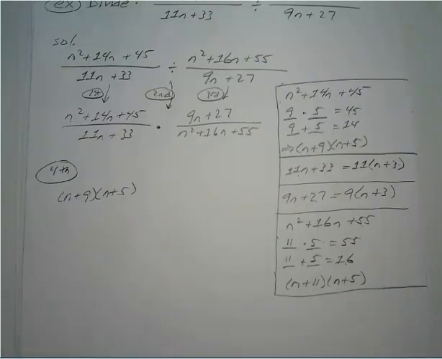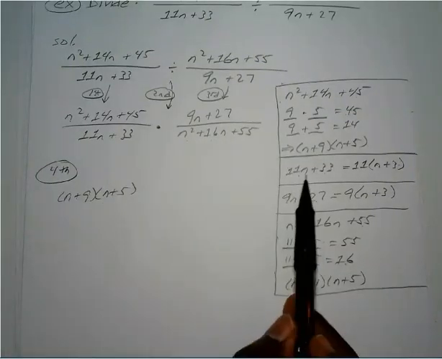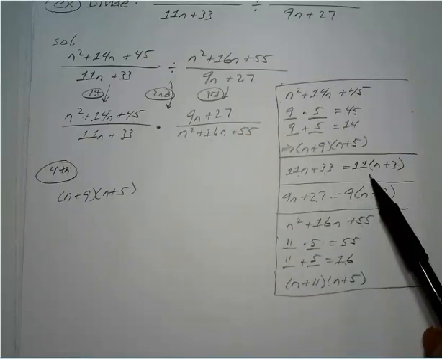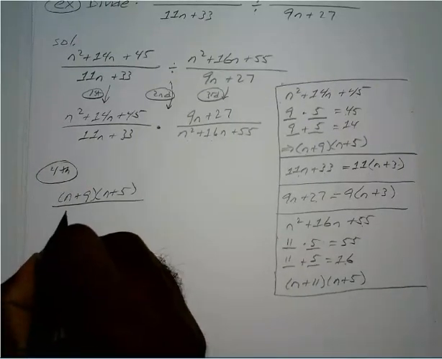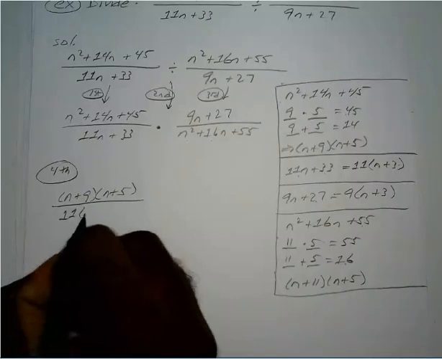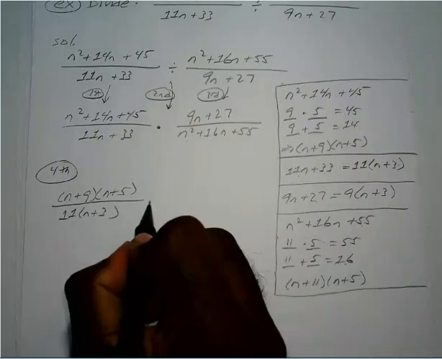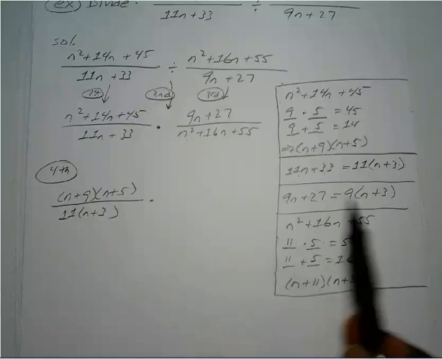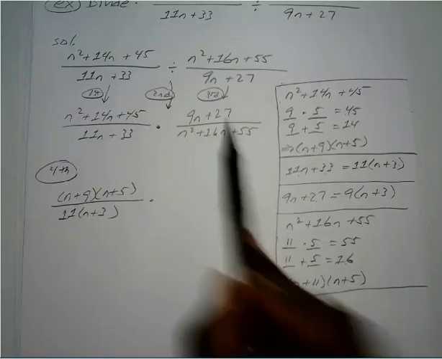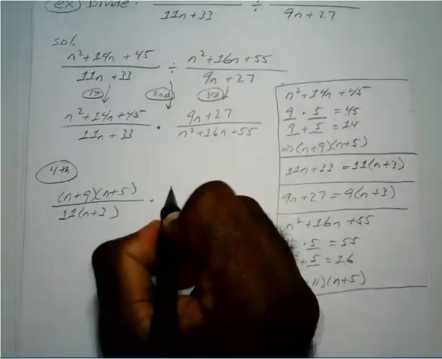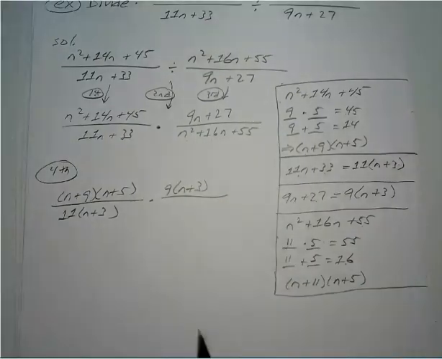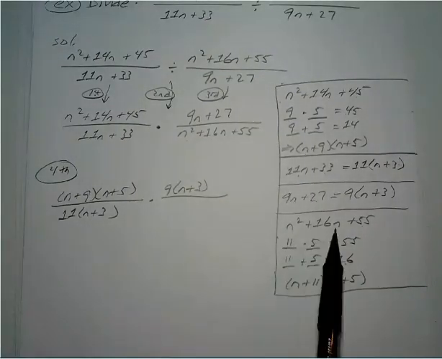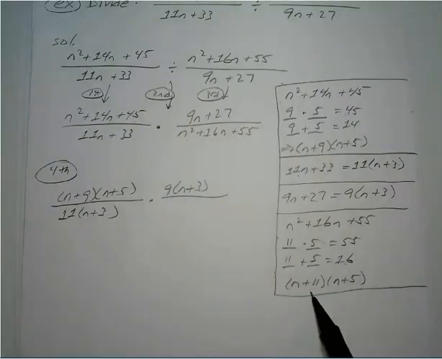Okay, so 11n plus 33 is just 11 times n plus 3, over 11 times n plus 3, times 9n plus 27. We know that's 9 times n plus 3. And n squared plus 16n plus 55 is n plus 11 times n plus 5.